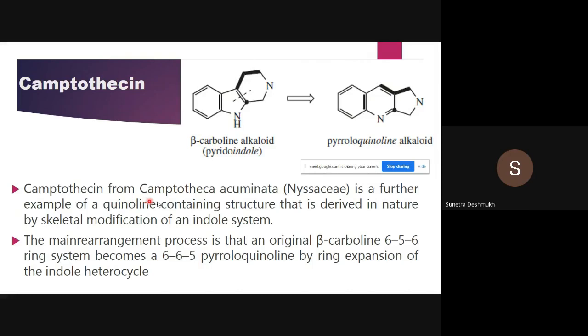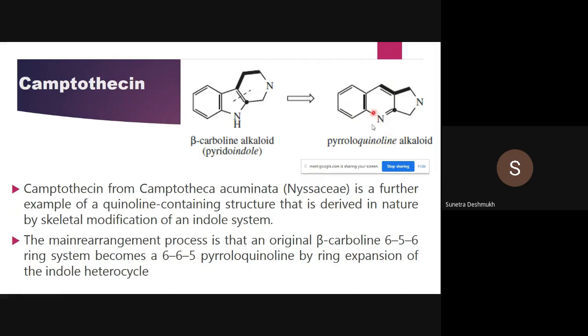Camptothecin is from Camptotheca acuminata, a further example of a quinoline-containing structure that is derived in nature by skeletal modification of an indole system. So rearrangement occurs. The main rearrangement is that the original beta-carboline 6-5-6 ring system, 6-membered, 5-membered, 6-membered, becomes a 6-6-5 ring system, a pyrroloquinoline, by ring expansion of the indole heterocycle.